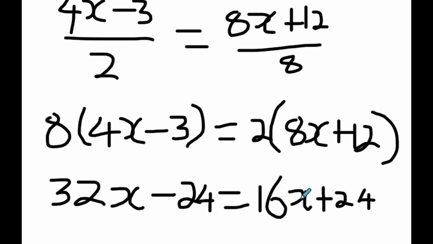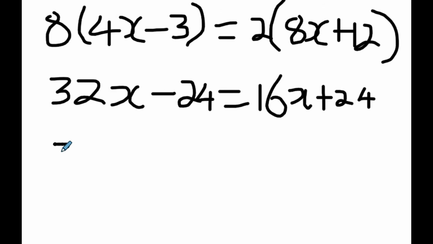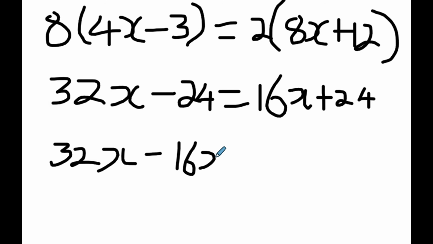So what should I do next? I'll pick the like terms. 32 and 16 are like, and this and this are also like. If I have 32x minus 16x, this 16x will come over to this place and the sign changes. What is here is plus; if it comes to this place, it becomes minus.